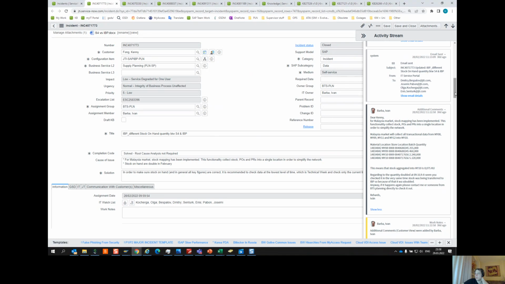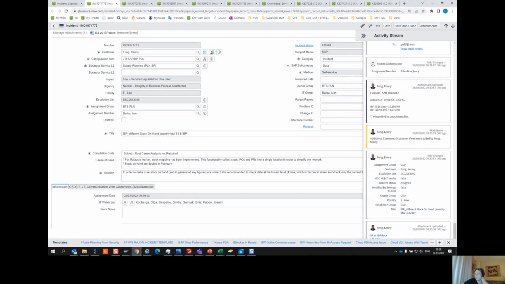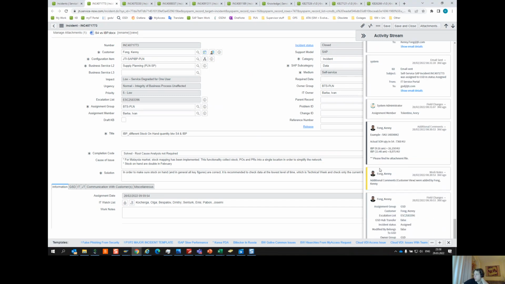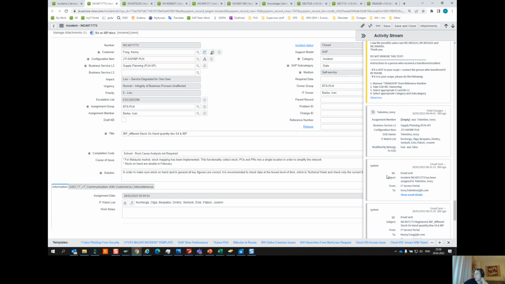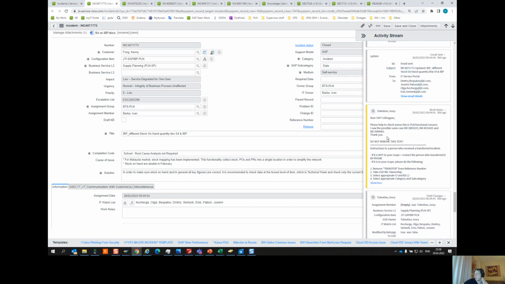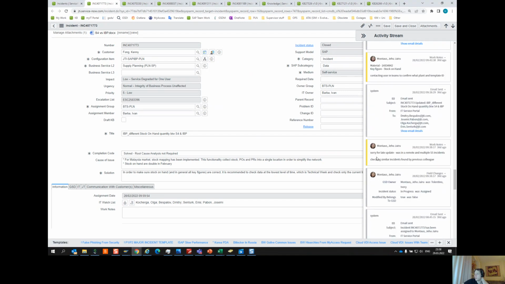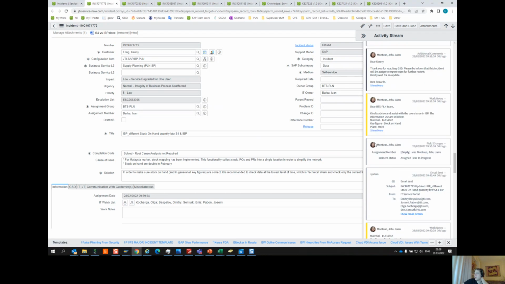So here probably some data was not synchronized properly between SAP and IBP. Maybe something is wrong with the CPI-DS regular jobs. We're not sure. So what we have to do in such cases, yeah, also it was processed by Ivory first, but then was processed by Jehu.